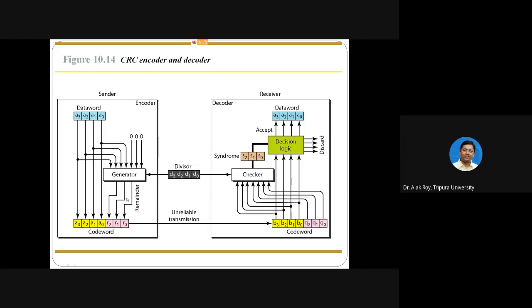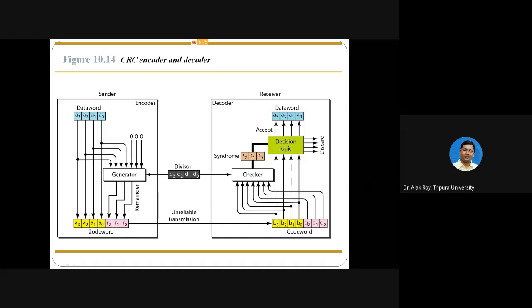Whatever remainder you are having is of length 3, where the 3 bits are R0, R1 and R2. The remainder received from the generator will be added to the data word to form the code word.